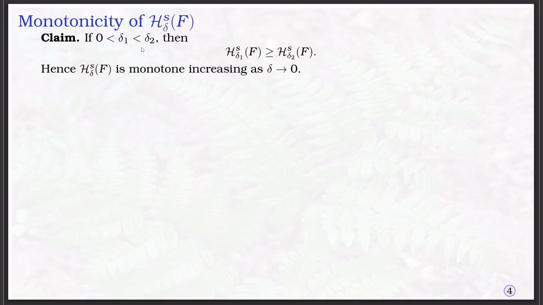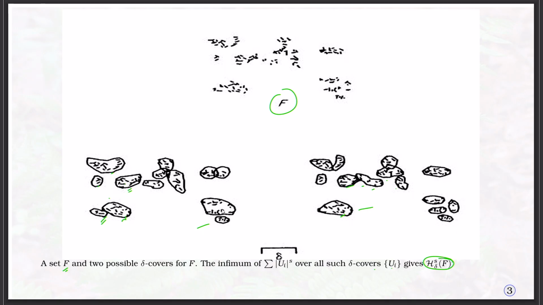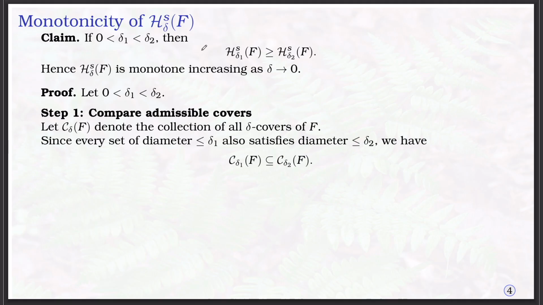It is observed that whenever the size delta of the boxes is reduced, the number of covers will decrease, so the infimum increases. This we need to keep in mind. Now, for proving this, let us take delta_1 less than delta_2, both positive real numbers.